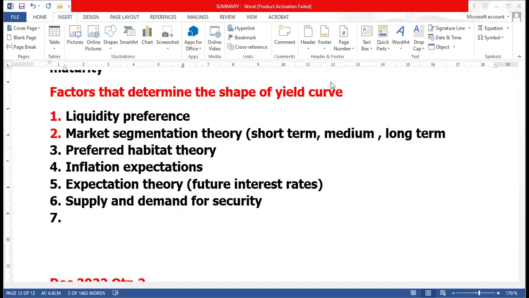So preferred habitat theory looks at it in terms of investment time period, maturity period. We have categories of investors who prefer a certain investment period. They would rather invest in a security for 5 years, but if there is a higher return for investing beyond 5 years, then I can go ahead and invest.